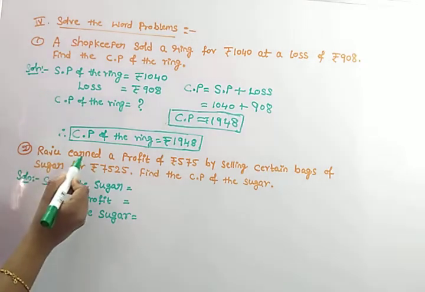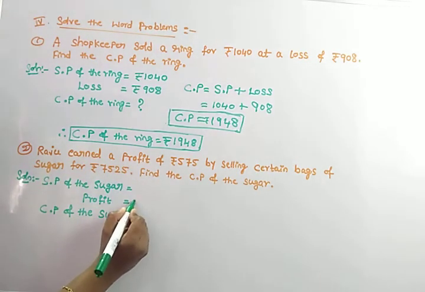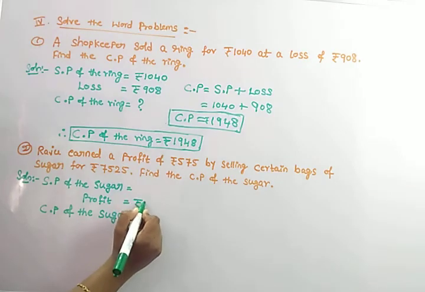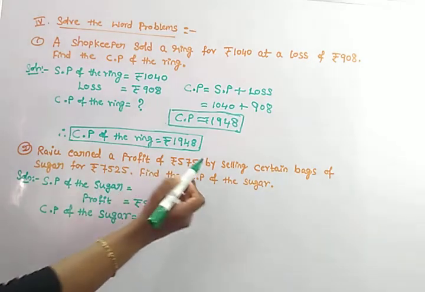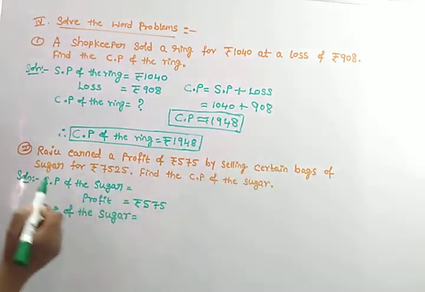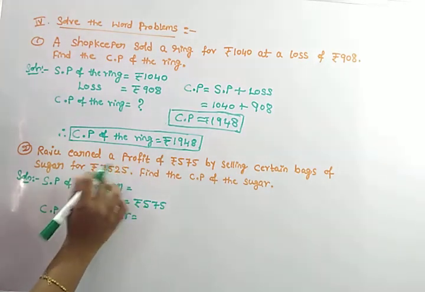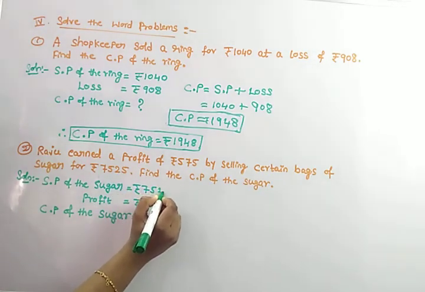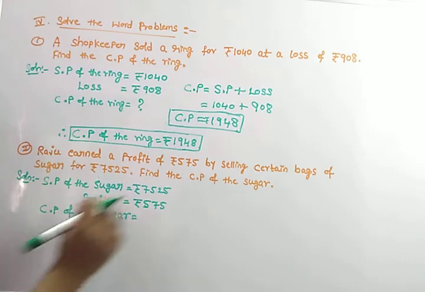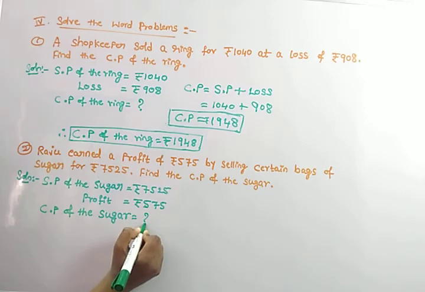Raju earned a profit means profit is given, that is 575 rupees. By selling certain bags of sugar, selling means the selling price of the sugar is given, that is 7525 rupees. So find the cost price of the sugar.